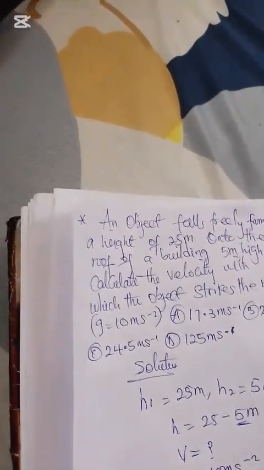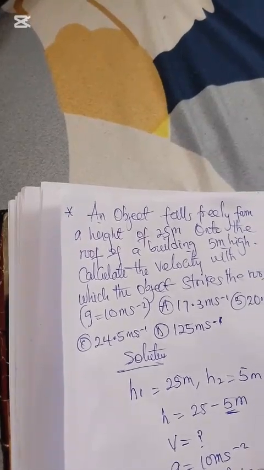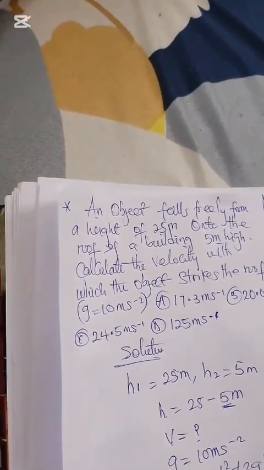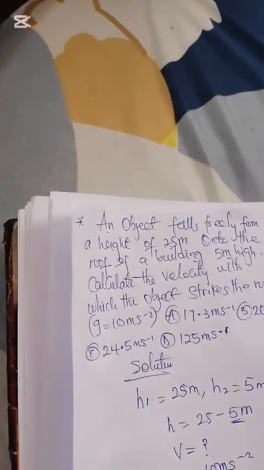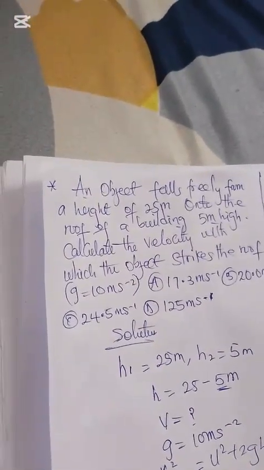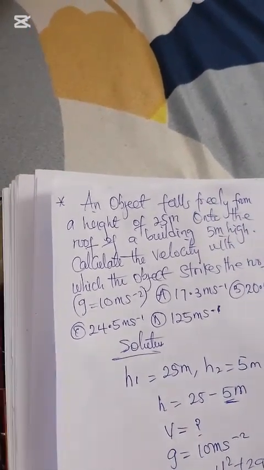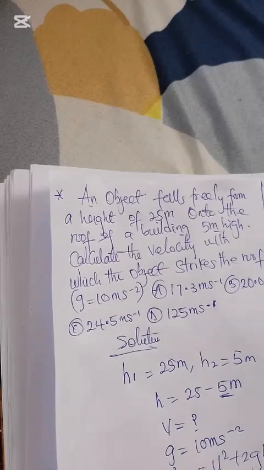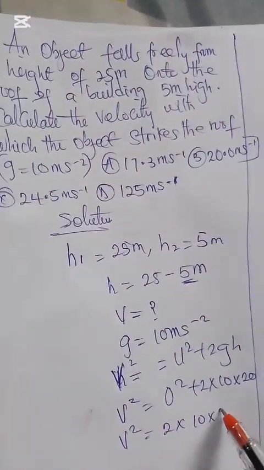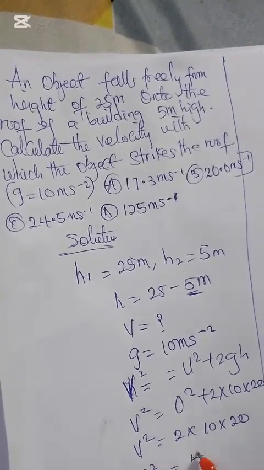So our v, which we don't know, equal to our u, the initial velocity, which is 0 square, plus 2 times 10 times the height, which is 20. So v square will give us 2 times 10 times 20, which is 400.